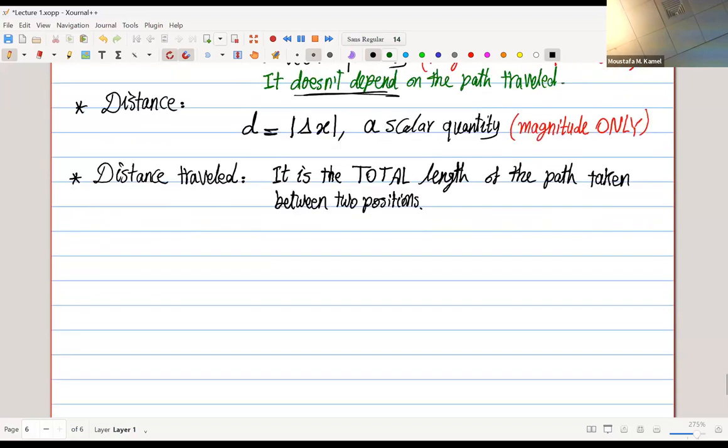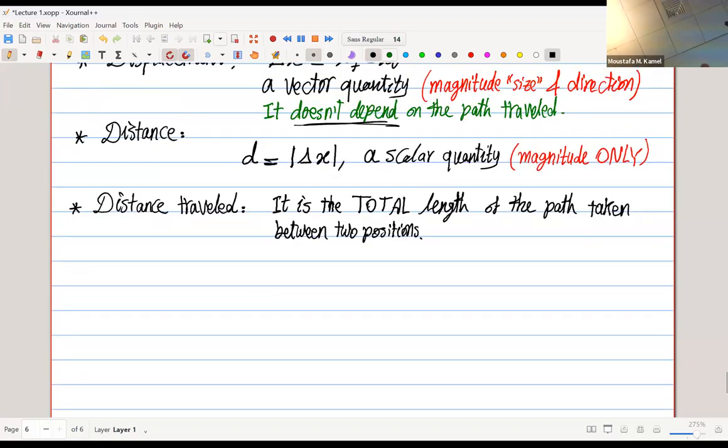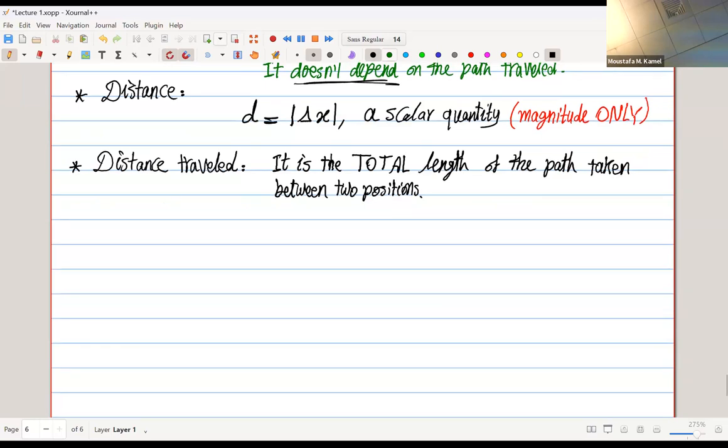Now that we have defined distance, displacement, distance traveled, and we defined position, we have only 1 thing left to be able to discuss kinematics. We need to define time, right? And time is a very fundamental thing that we can only define through the way we measure it.